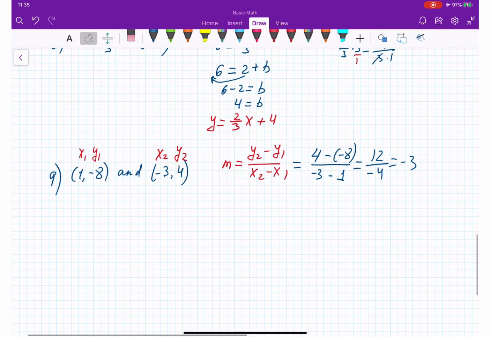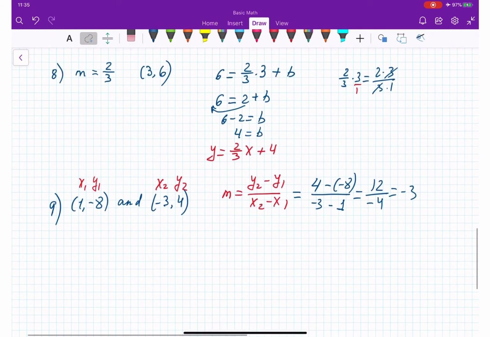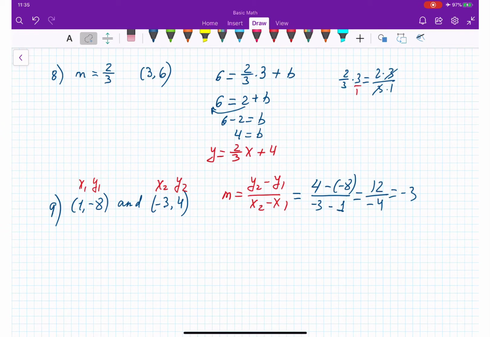All right, so what do we have left to find? Our y-intercept, correct? To find the y-intercept, we already have our m, which is -3, and we need some point. Which point I use doesn't matter. It can be the first point, (1, -8), or the second point, (-3, 4). Well, I'm taking the second one, just for the heck of it.